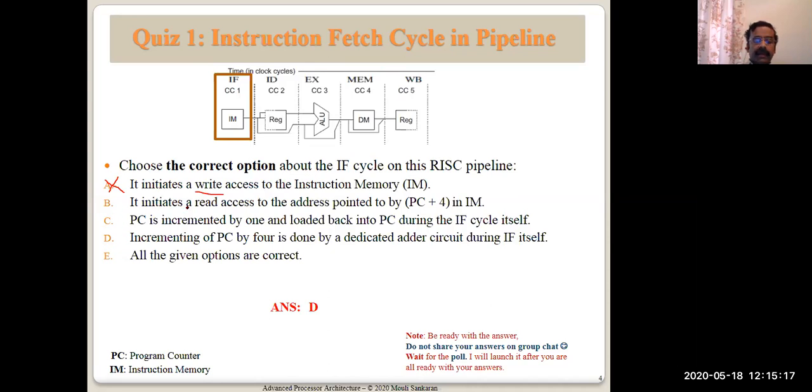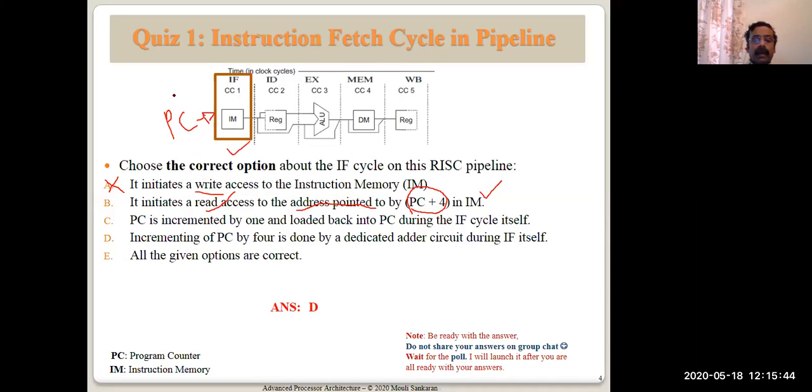Second, it initiates a read access to IM, which is correct, but to the address pointed to by PC plus 4. Remember, during this cycle, whatever the program counter is pointing at is accessed, not PC plus 4.